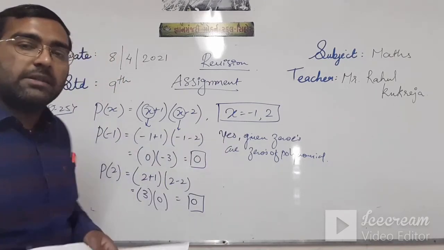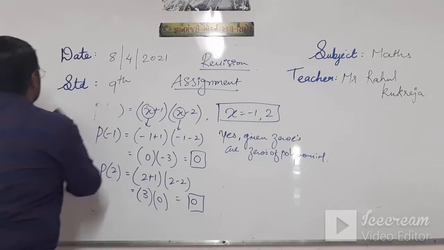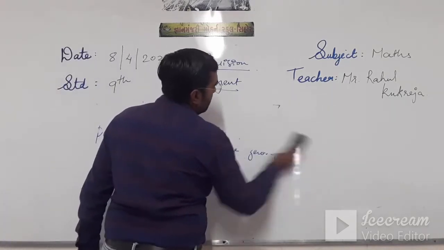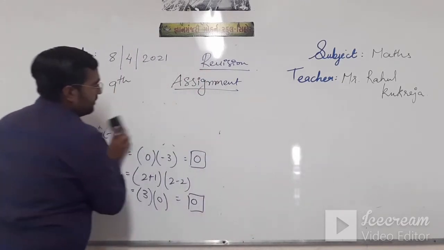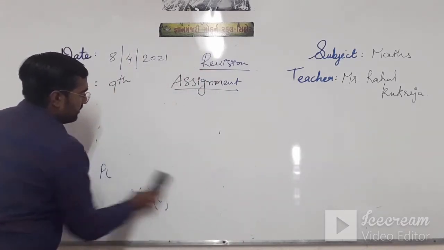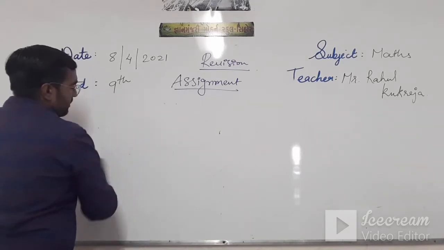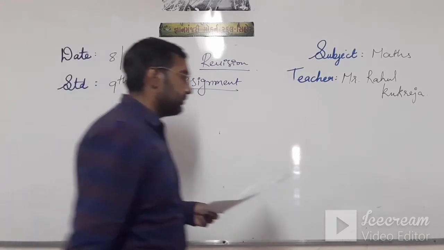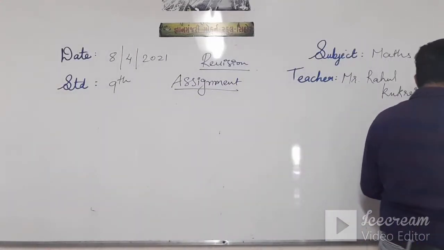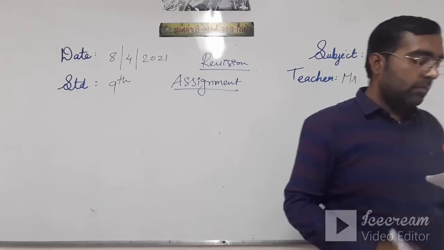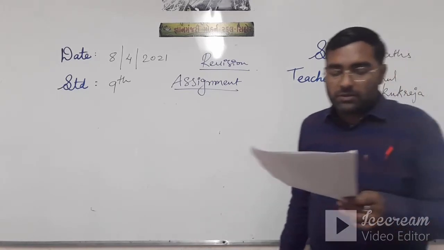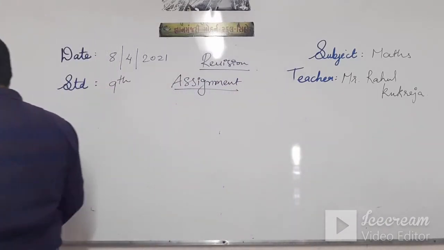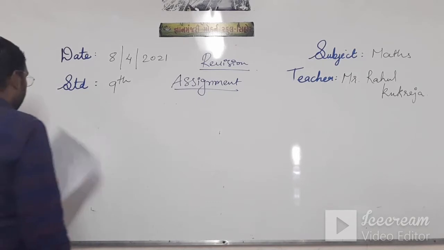Question number 26. The points scored by a Kabaddi team in a series of matches are as follows. Find the median of the points scored by the team.